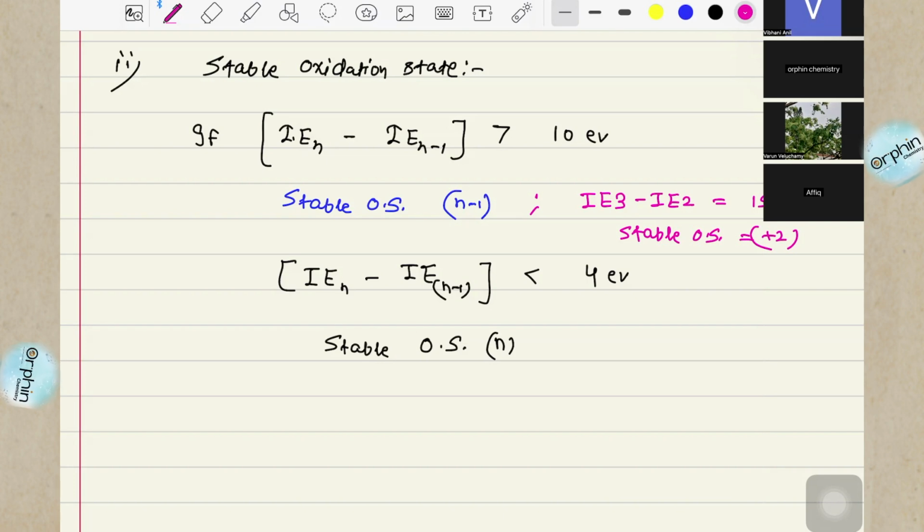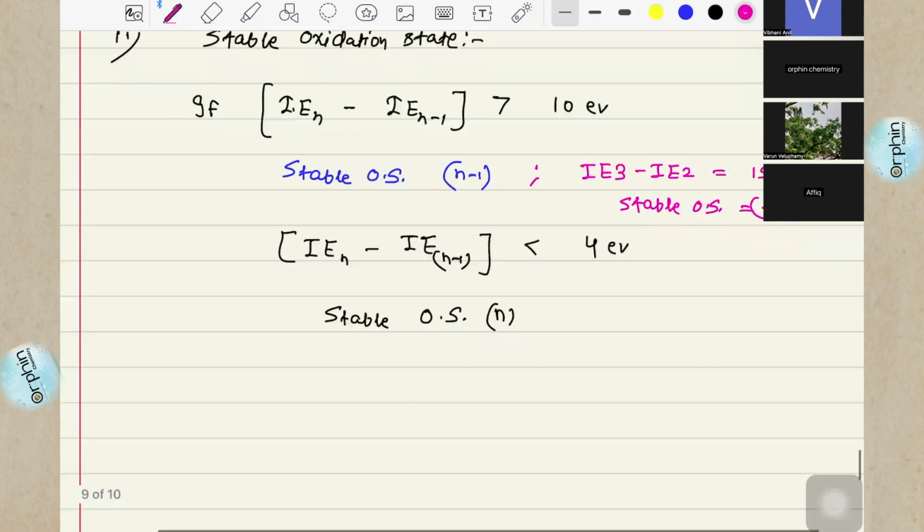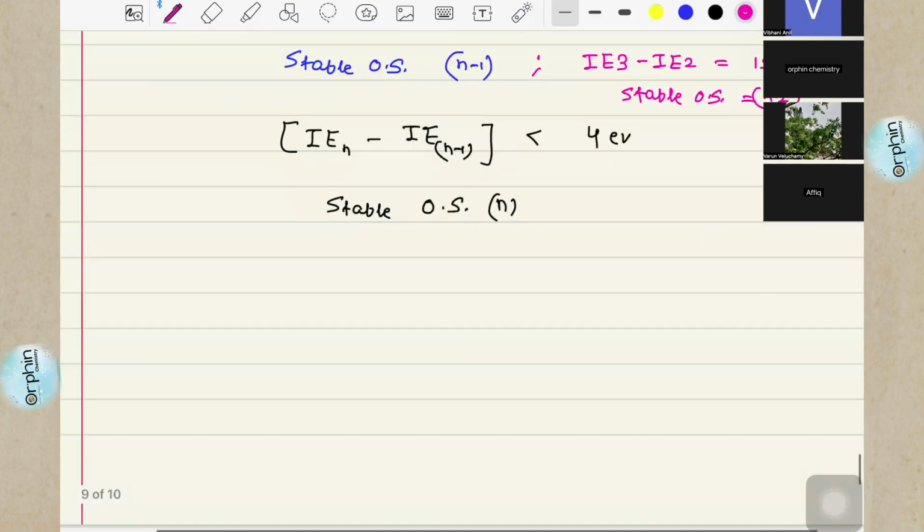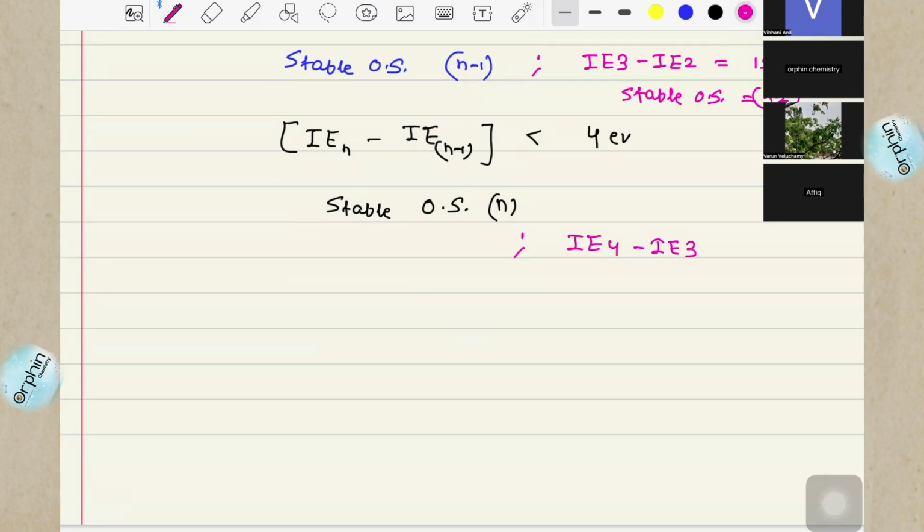So the stable oxidation state will be the next one. So IE n and n minus 1. If the difference is lesser, that means the next electron can be removed. But if the difference is more than 10, that means the next electron cannot be removed easily. Right? So for example, we can have IE4 minus IE3. This is 1.5 electron volt. That means your fourth electron is also removed easily.